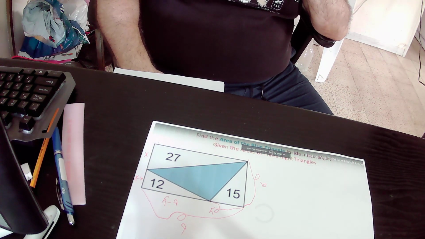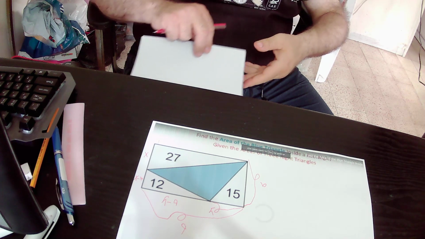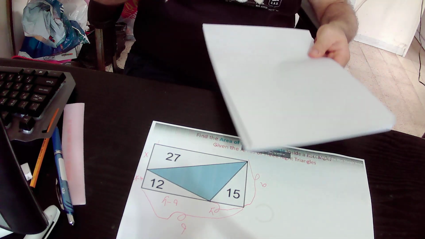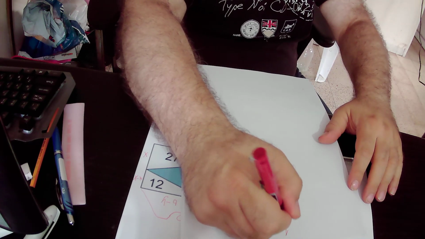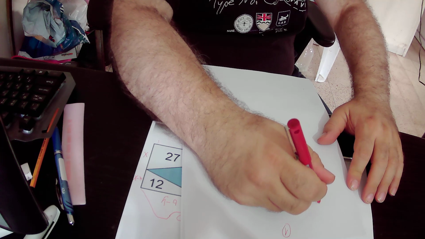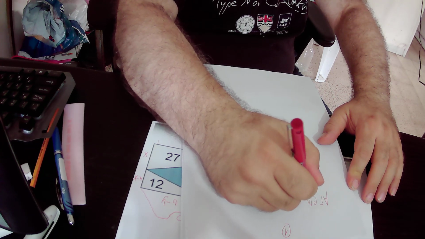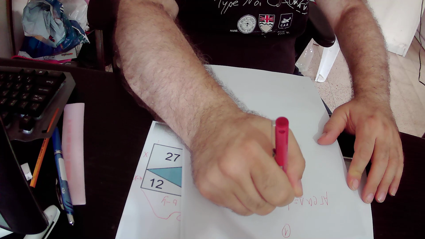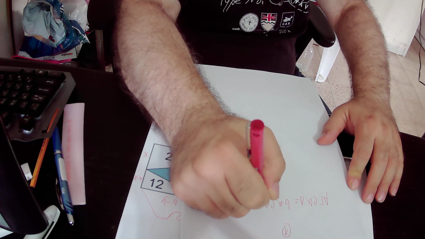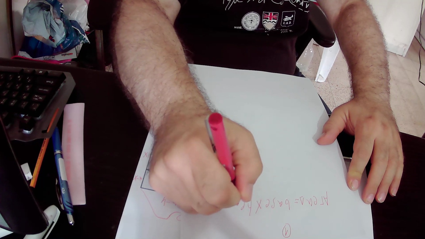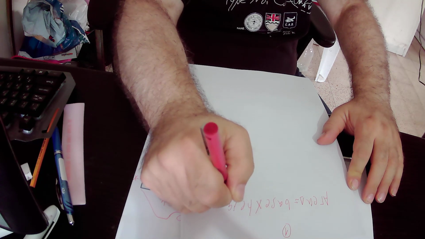Okay, so we actually know that the area of a triangle equals the base of the triangle times the height to the base of the triangle, all divided by 2.